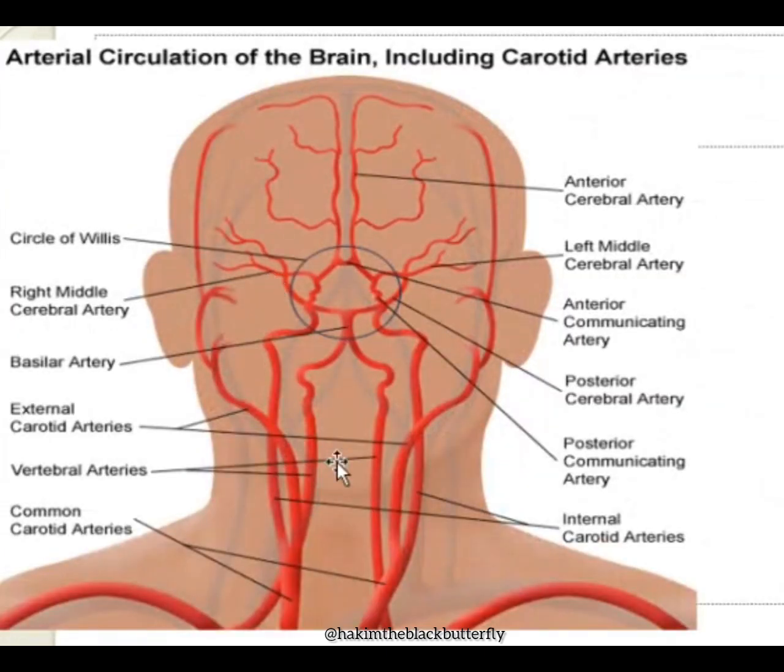This is the same illustration showing us the 2 vertebral arteries and the 2 internal carotid arteries. And when they reach the inferior surface of the brain, they form an anastomosis, which is known as the circle of Willis.